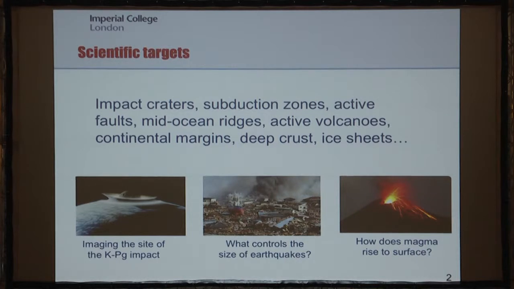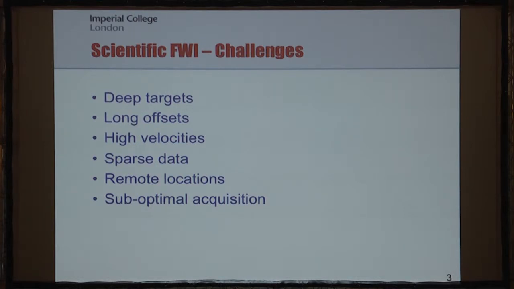All those sorts of things are scientific targets that we can improve the imaging of, that we can learn more about, that we can get the physical property models by using FWI. Of course, to do that, we need to collect the right sort of data that we can apply FWI sensibly to, and that leads us to a number of challenges.